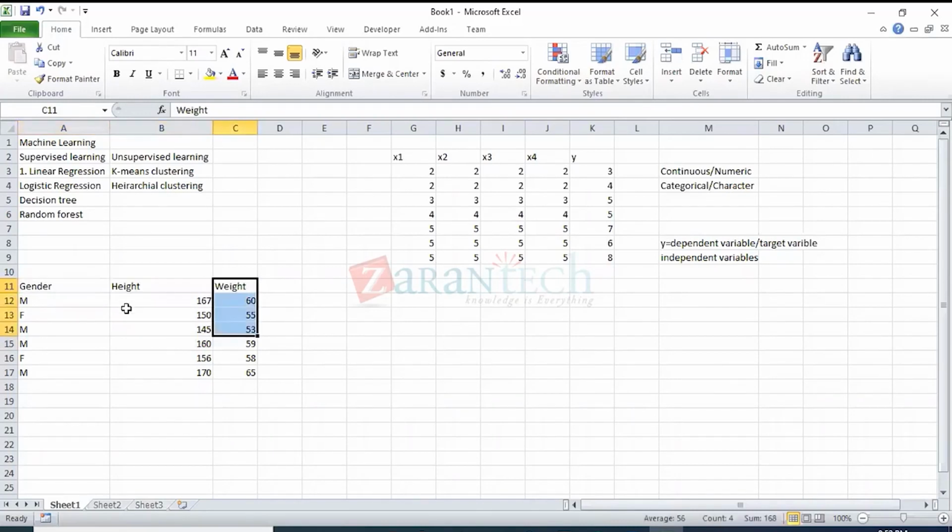So in this case, I have two independent variables. Multicollinearity means there should not be any relationship between my independent variables. Let's say there is a linear relationship between height and weight, and there can be a linear relationship between gender and weight, but there should not be any relationship between gender and height.